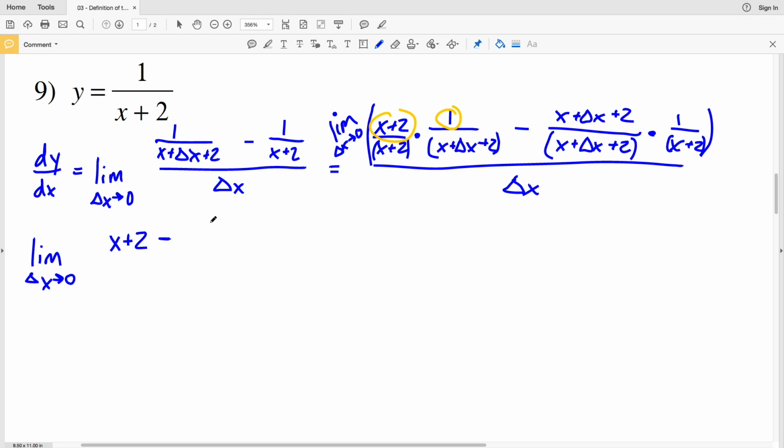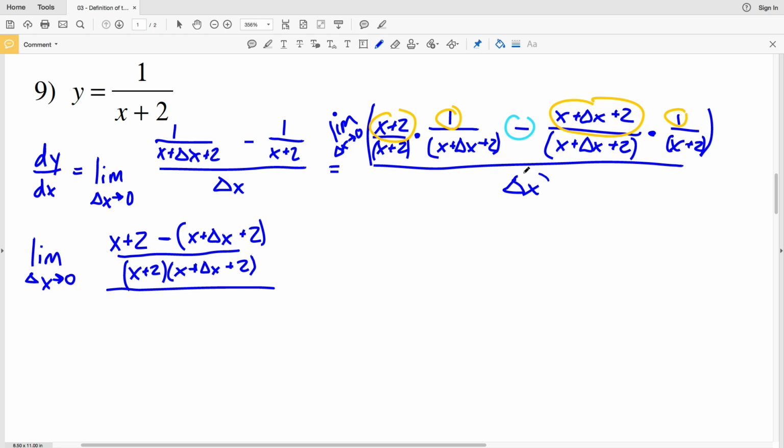And then I'm going to be subtracting x plus delta x plus 2 times 1. So that's just going to be x plus delta x plus 2. And this is all over x plus 2 times x plus delta x plus 2. Now that I've taken care of my numerator, I cannot forget that that's all over my denominator of delta x.